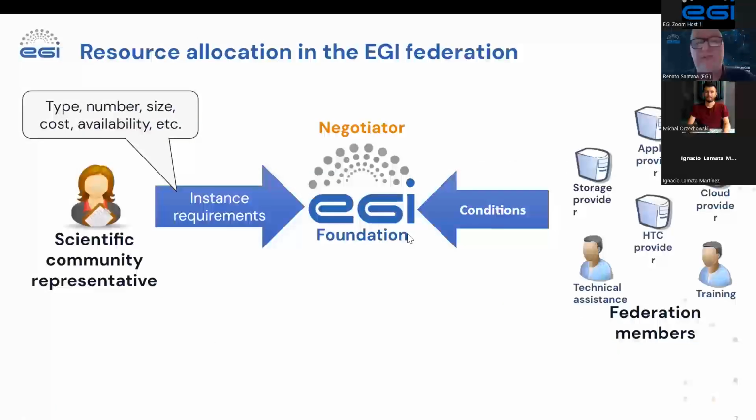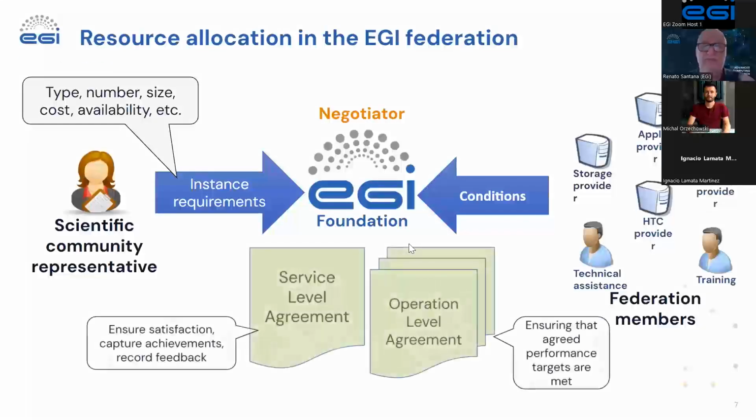Back to EGI, you have the scientific communities, their representatives, their groups, their VOs, and we have the resources that we can provide. EGI is in the middle, a broker, a negotiator, where we can match the necessities from the communities with the resources provided. We also monitor.